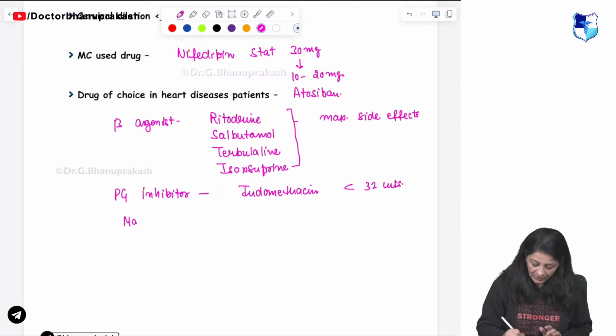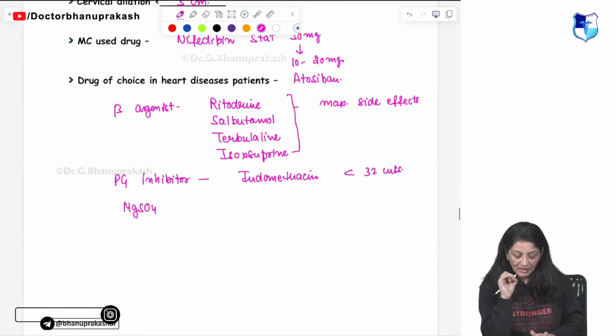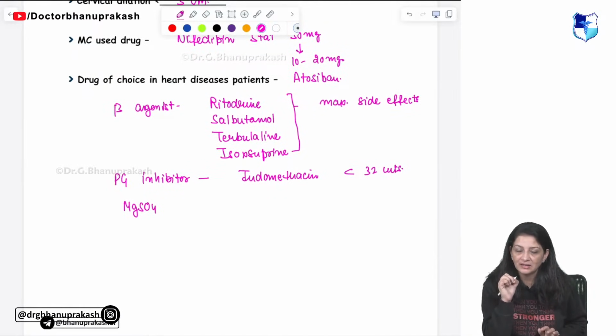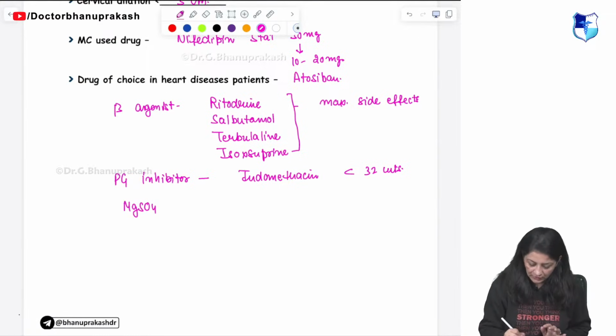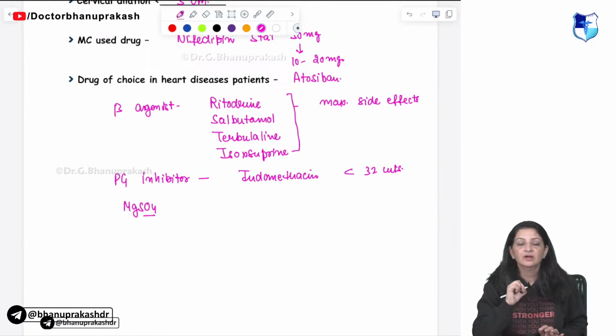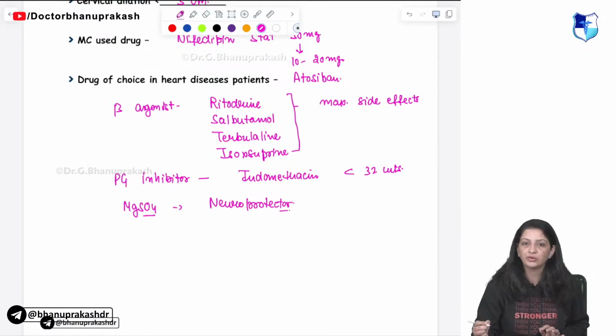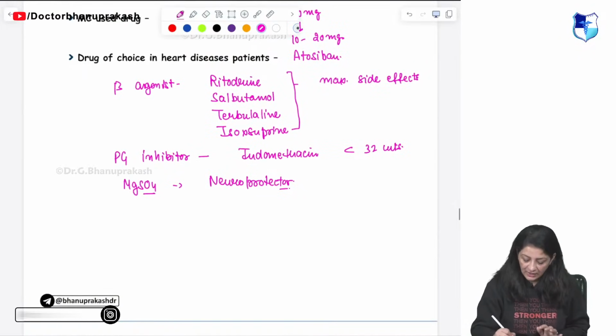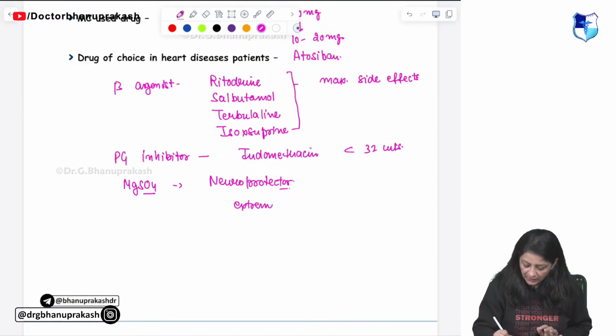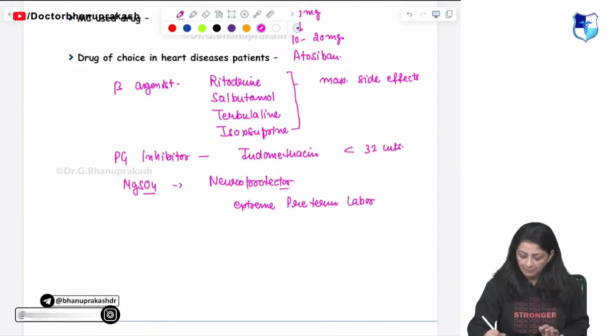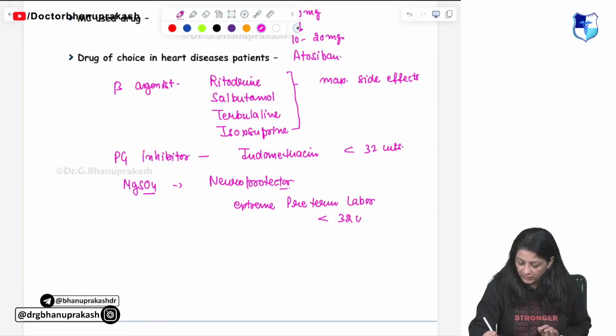We can give magnesium sulfate, but this is not a tocolytic agent. We can give it only as a neuroprotector in extreme preterm labor before 32 weeks only.